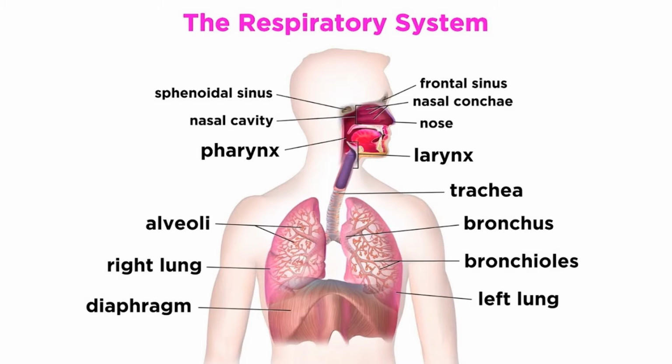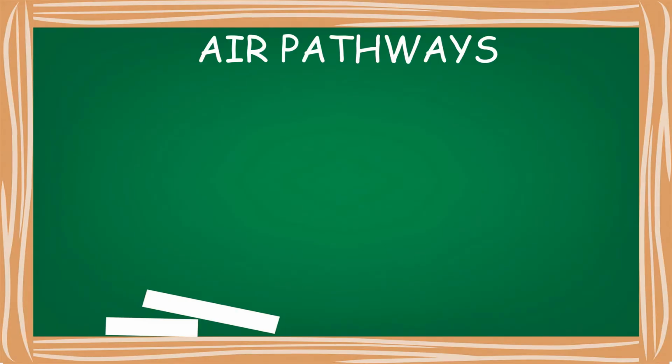Now those are the parts of the respiratory system. Now let us take a look again at how the air flows in our respiratory system. Once we take in air, what's the first part where the air flows? That is the nose and mouth, or our nasal cavity.